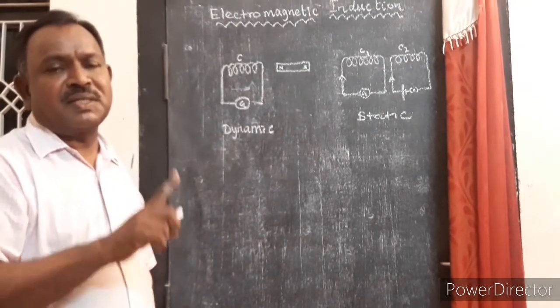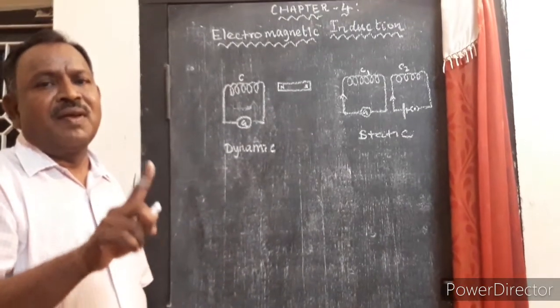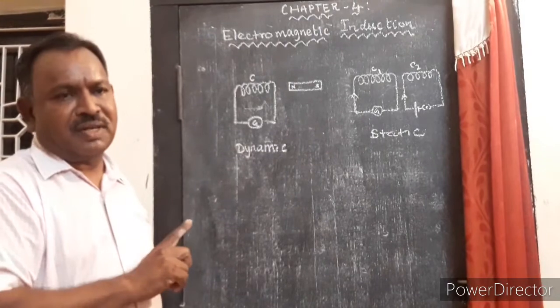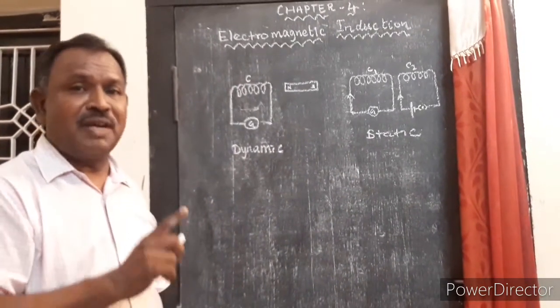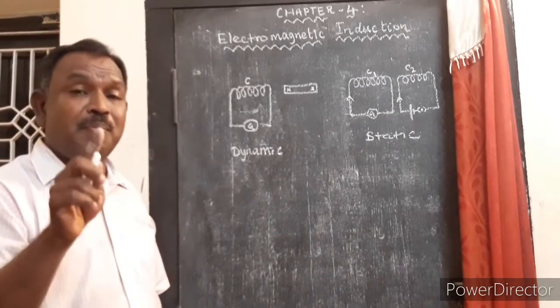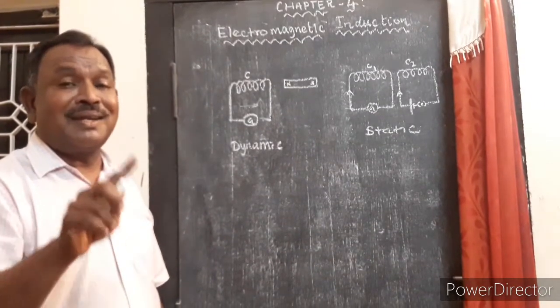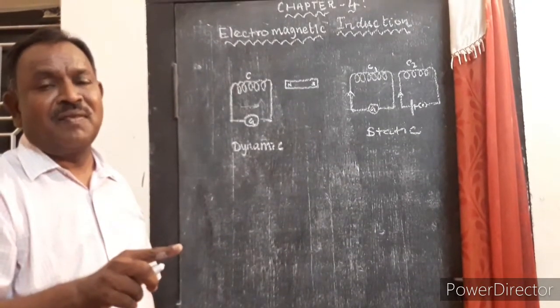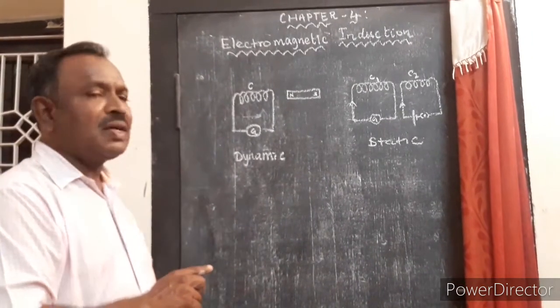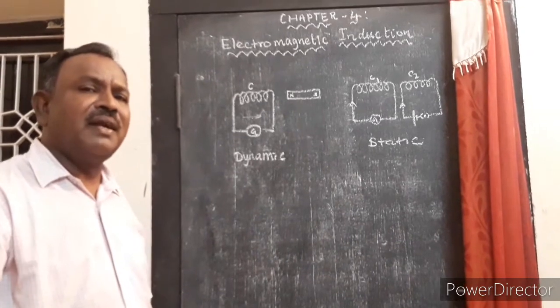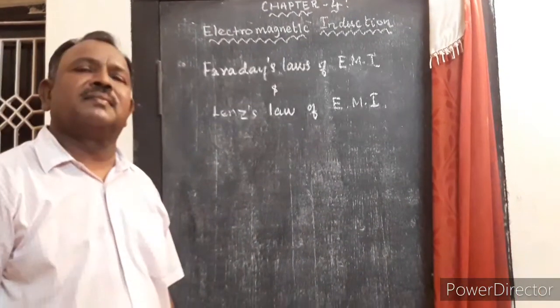This is called the first law of electromagnetic induction. Second law: the magnitude of the induced EMF is directly proportional to the time rate of change of magnetic flux. So these are the 2 laws of electromagnetic induction.